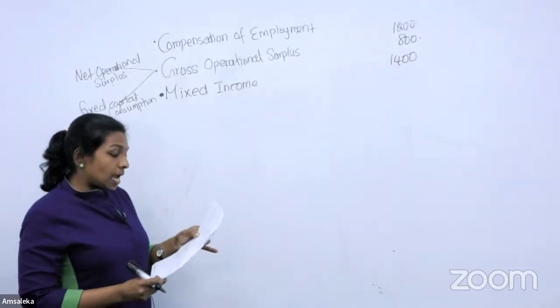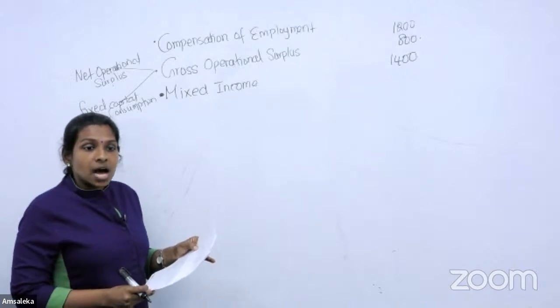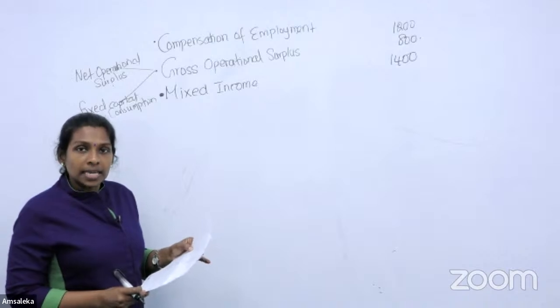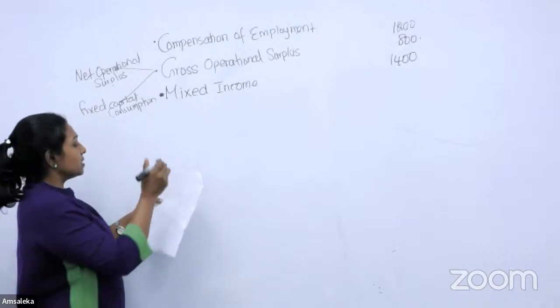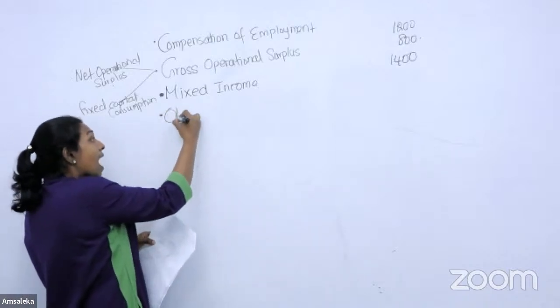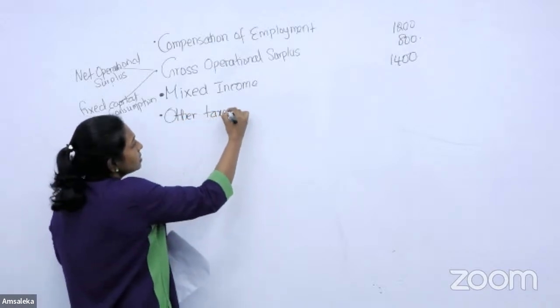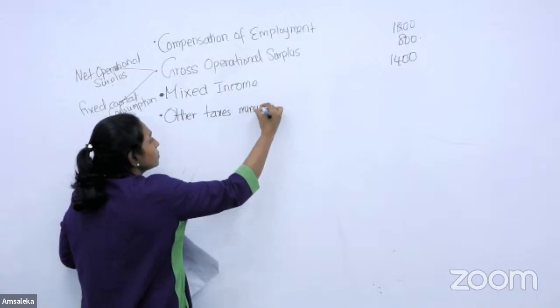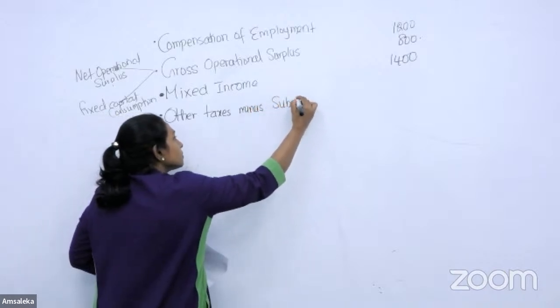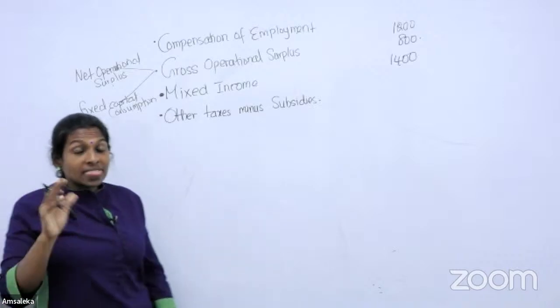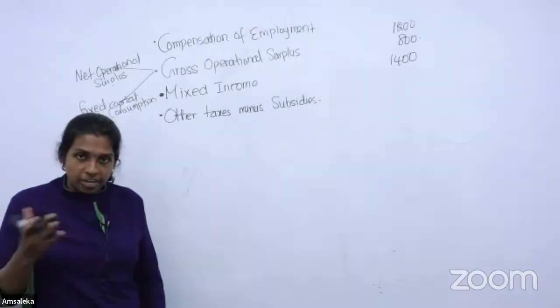Last one is other taxes minus subsidies. Tax on product and other tax on production are different.